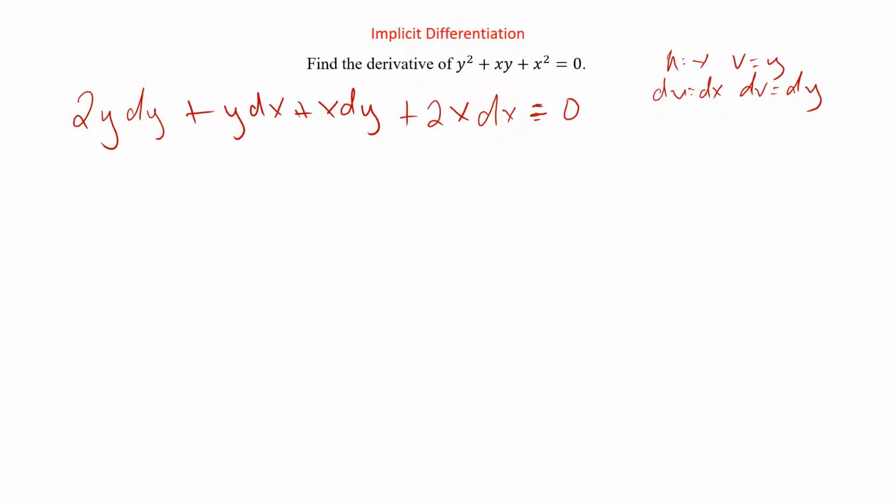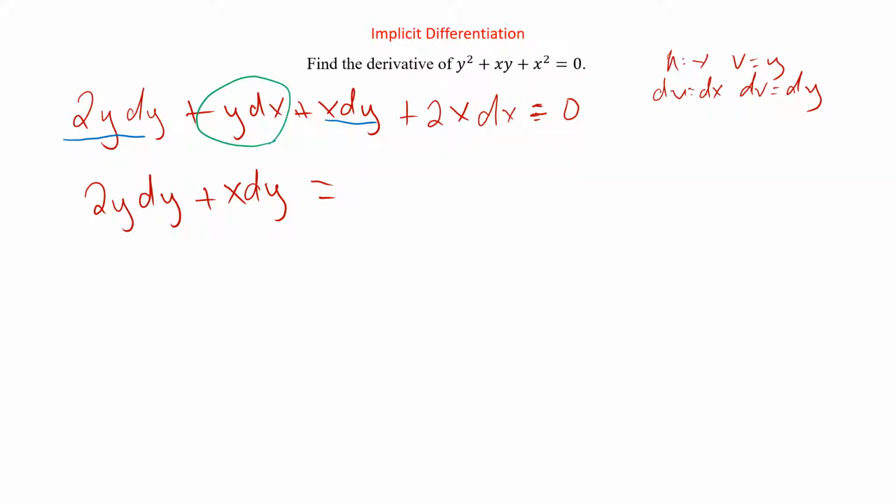The dy's, well, everything's already on this side, so we're going to leave the dy's. We have that dy and we have that dy that are going to stay. So we'll have 2y dy plus x dy equals, and then we have some dx's that are going to move.